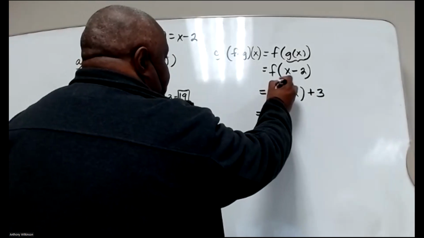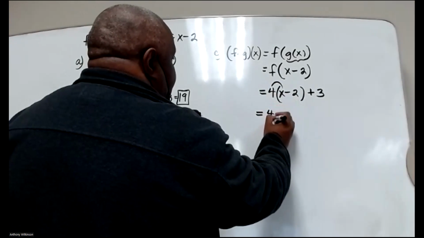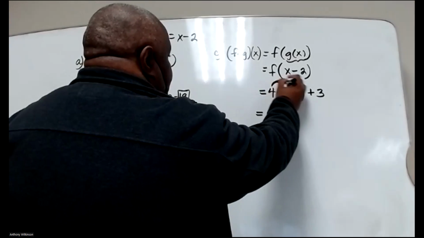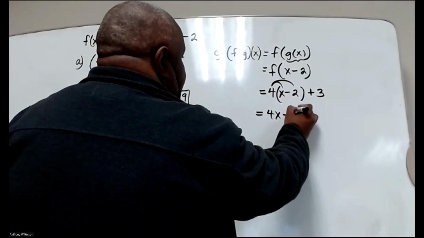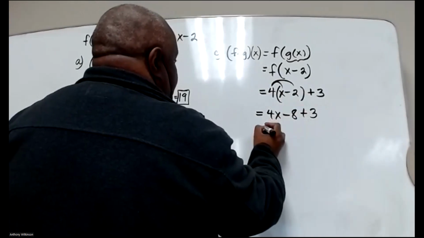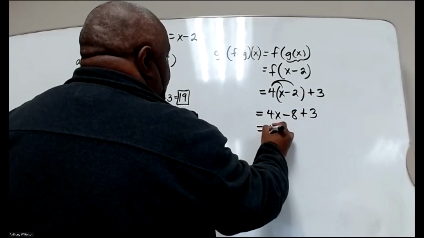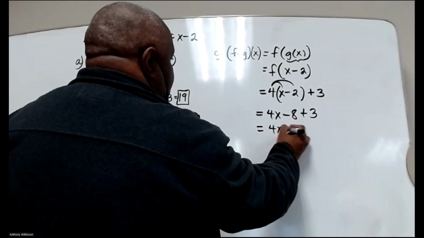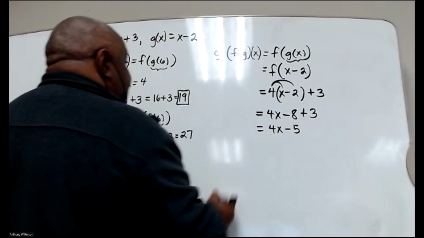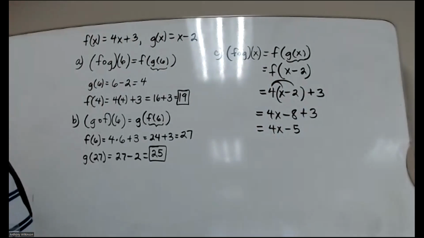Let's simplify this. 4 times x is 4x, minus 4 times 2 is 8, plus 3. What's minus 8 plus 3? Negative 5. So the composition of f with g of x will be 4x - 5.